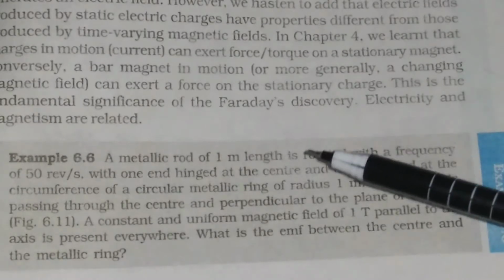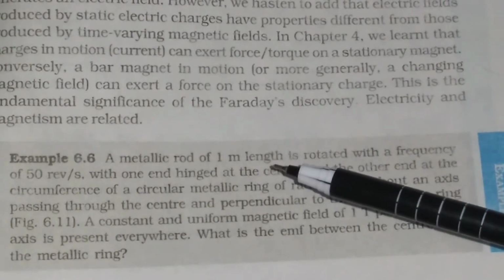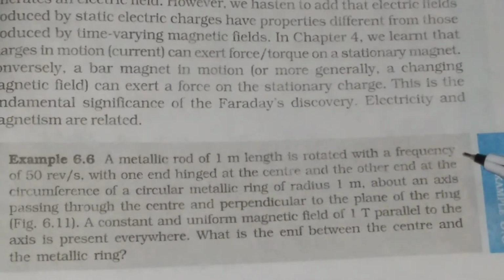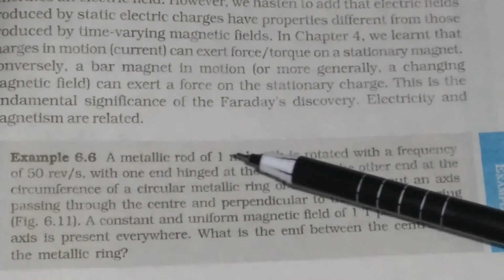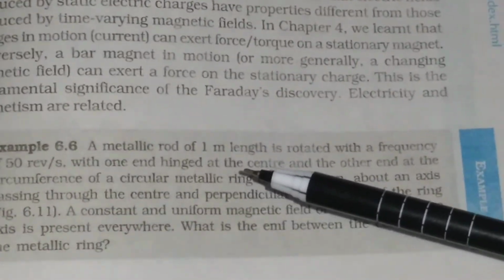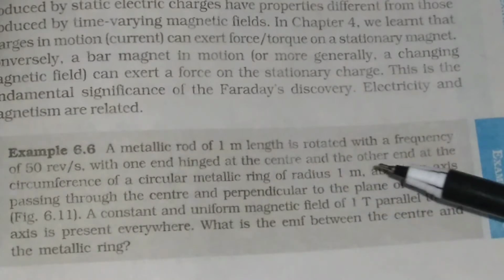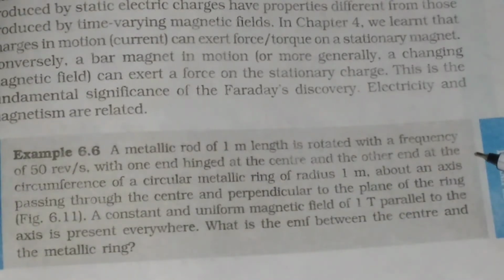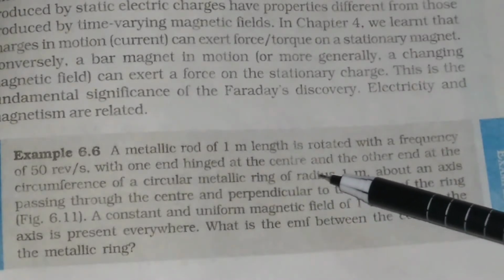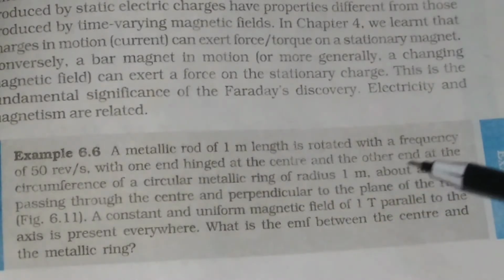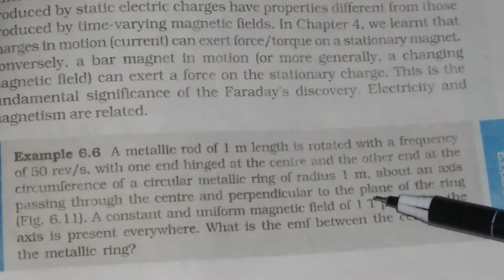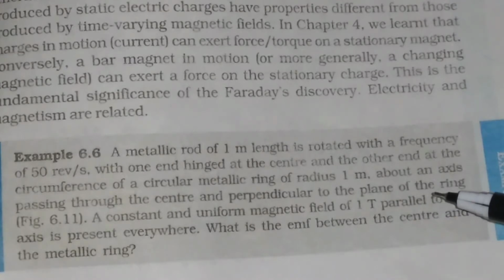Now let us work out a problem. A metallic rod of length 1 meter is rotated with a frequency of 50 revolutions per second, with one end hinged at the center and the other end at the circumference of a circular metallic ring of radius 1 meter, about an axis passing through the center and perpendicular to the plane of the ring.